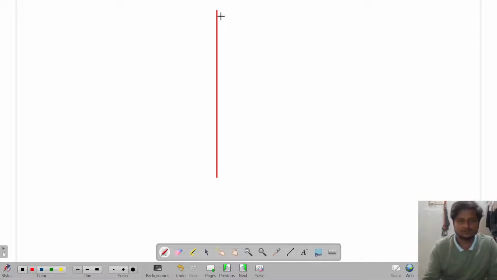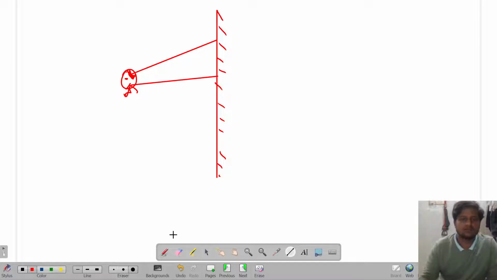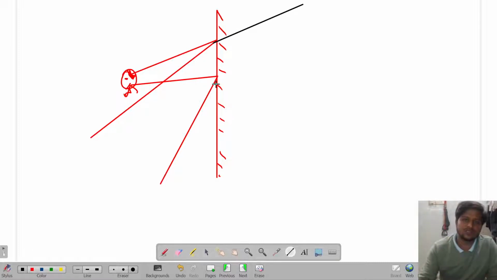Take a mirror. Here is the object and this is its eye here. Suppose light from this object falls here, and another light falls here. So light will be reflected this way, like this. If I back trace it, they are going to join somewhere.